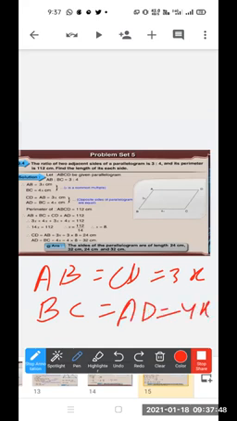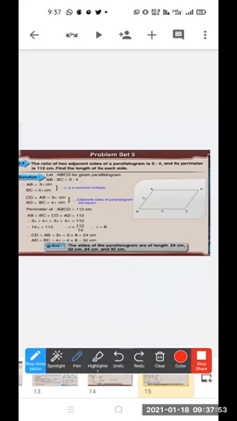Now we have to find the side lengths, and the perimeter is given as 112. Adding all the sides of the parallelogram gives the perimeter. So AB plus BC plus CD plus DA is equal to 112.